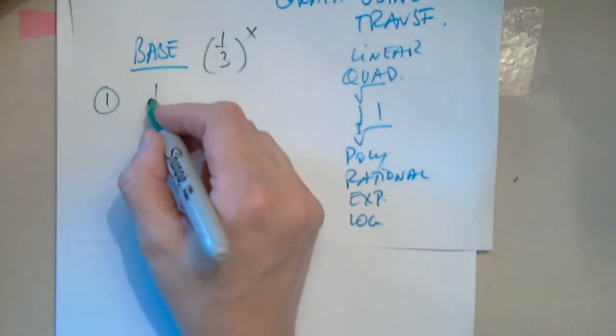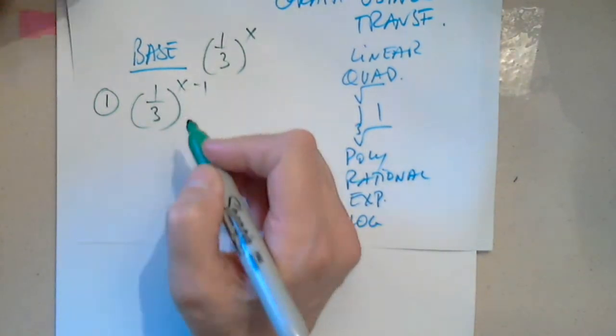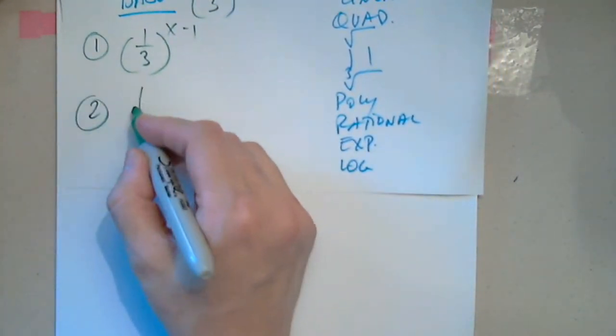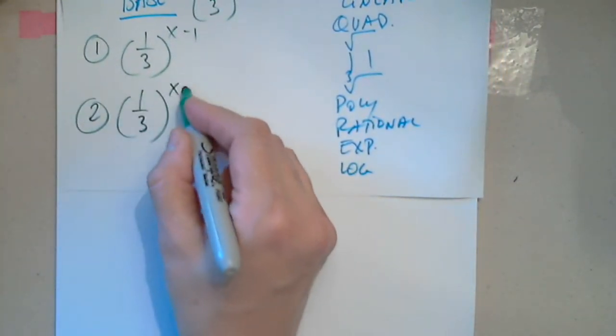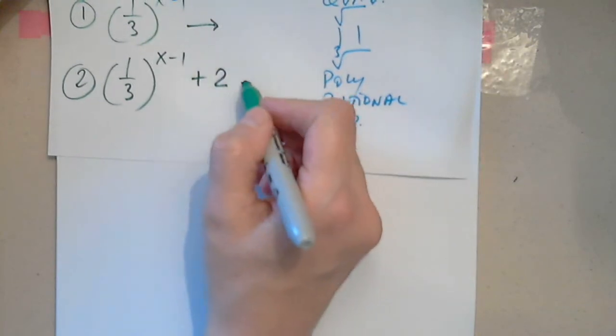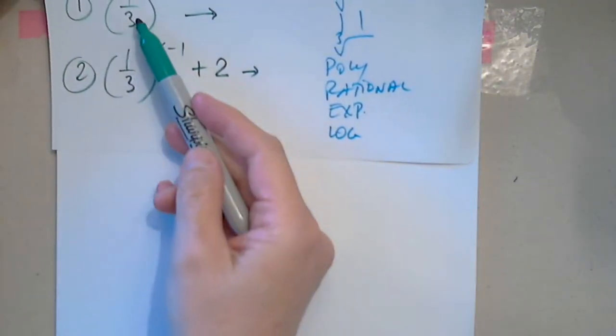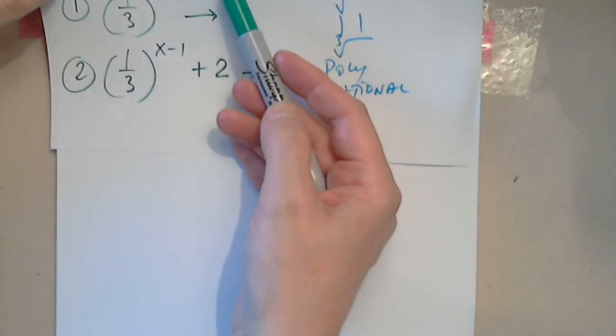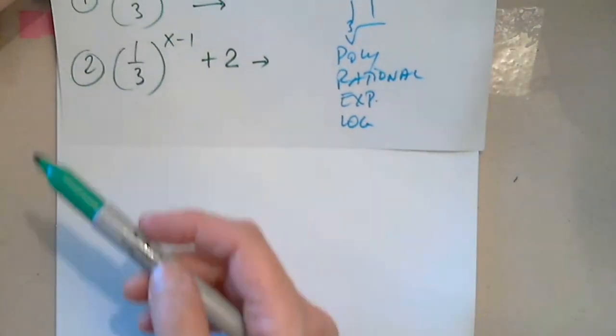So there is a first transformation as 1/3 to x minus 1, and the second transformation is 1/3 raised to x minus 1 plus 2. And now let's see what this means and what this does. This one is a transformation on the base function, and this one is a transformation on number 1.